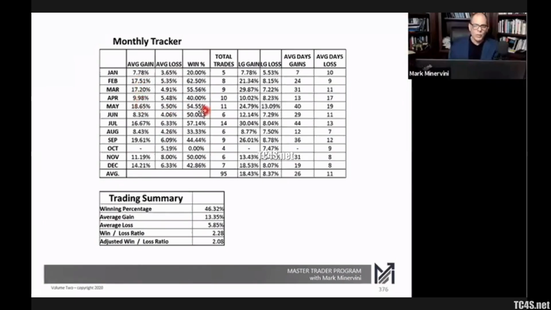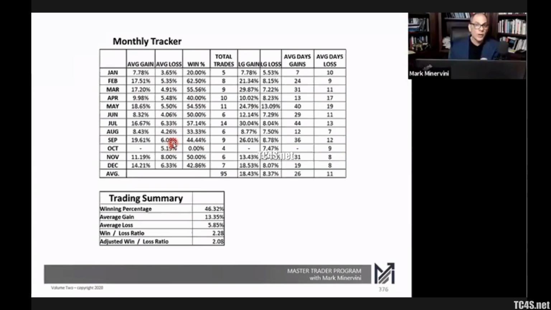Now, of course, you want to see that on average. And in some months, you might have where your average loss is bigger than your average gain, and your batting average isn't very good. That's going to happen. But over time, everything is all about what you do on average. Your returns are all going to be based on where your average gain is and your average loss is, and how that's managed over time.